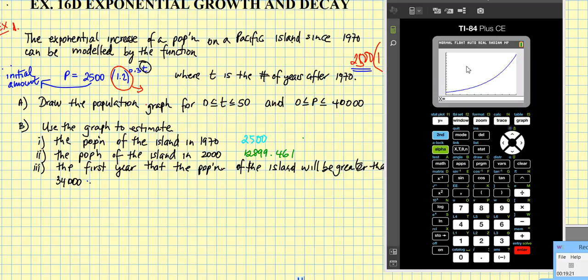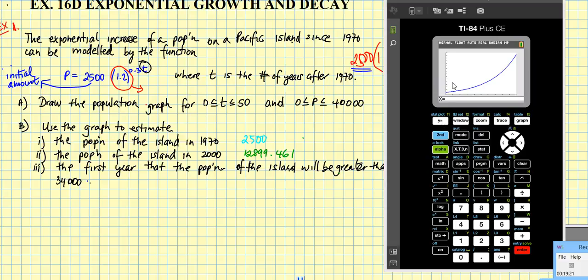They are giving you the population now, 34,000, and they want you to go back and figure out how many years would have gone by from the original 0 year of 1970, in order for it to get to a population of 34,000. So I can't use this form.